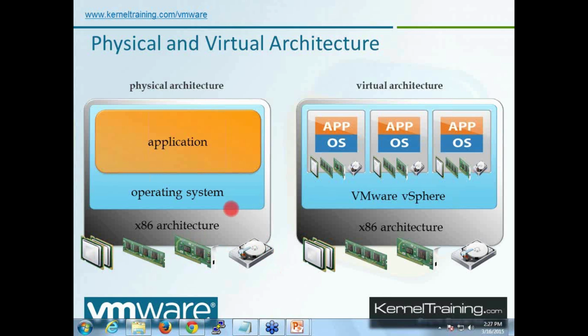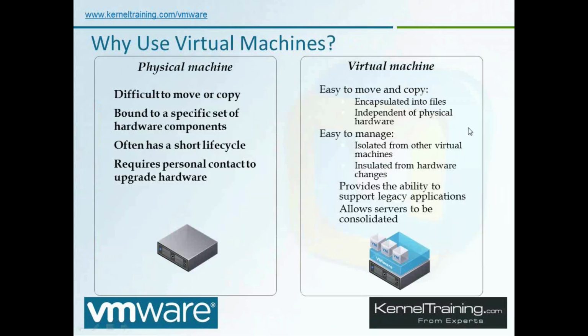But on the contrary, when we talk about virtual architecture, the NIC, RAM, and CPU are utilized by VMware vSphere. On top of it, we will be having multiple VMs running, so the same hardware is better utilized in this scenario.